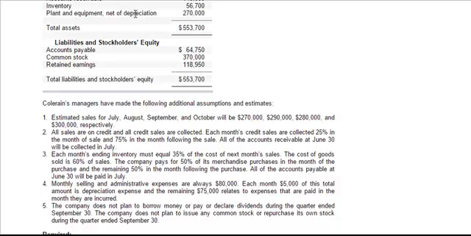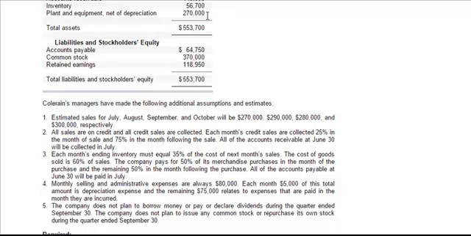So since our accumulated depreciation account is getting bigger by the amount of depreciation expense taken for July, August, and September, we will reduce the $270,000 by the 3 months of depreciation expense to get to our new net plant and equipment number.